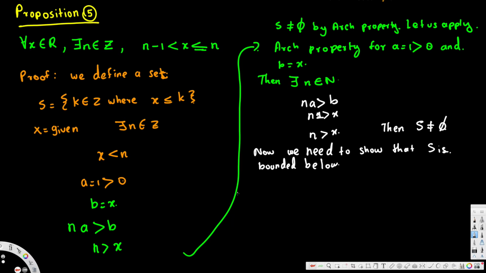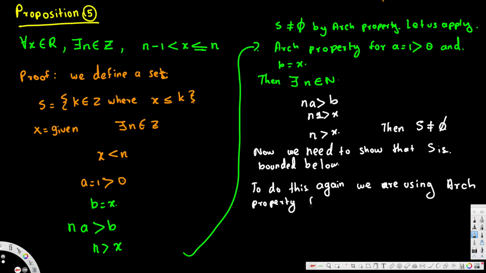To do this again, we are using the Archimedean property for a equal to 1 and b equal to negative x.